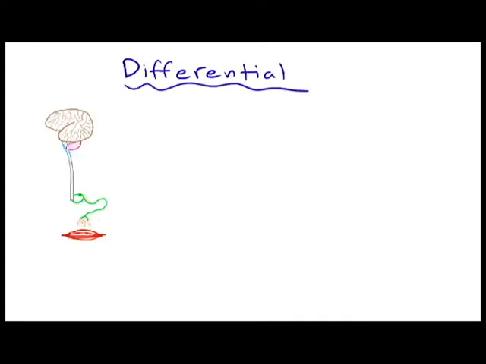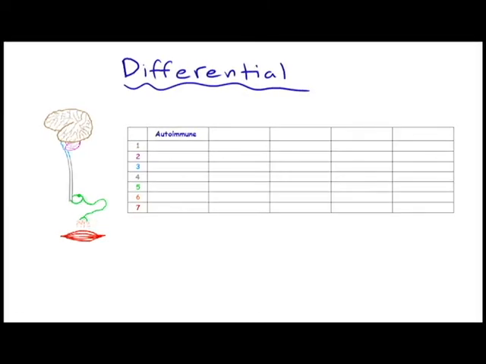Let's start with our discrete components of the nervous system. In neurology, common pathologies are autoimmune, infectious, cancer, metabolic, and genetic. For example, we can see how the possible inflammatory diagnoses vary based on localization.